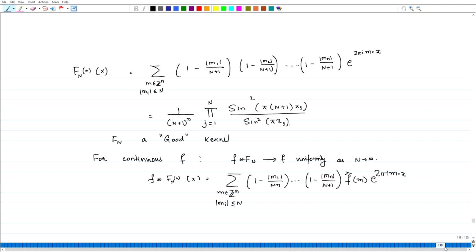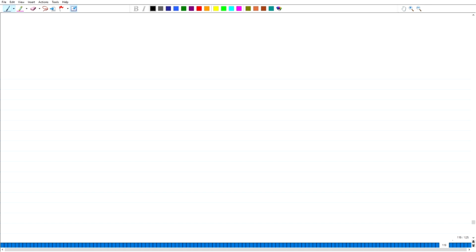And to conclude the result, this is also what one can see: if the summation over m in Z n of mod of f hat of m is finite, then f of x equals the sum of f hat of m e to the power 2 pi I m dot x, because that is what we have seen, f convolution with K n is going to converge to f uniformly.